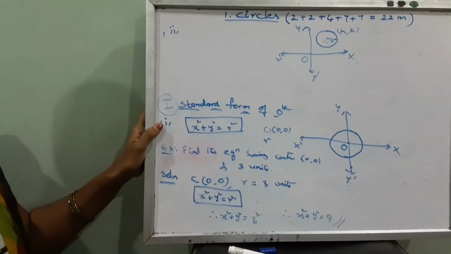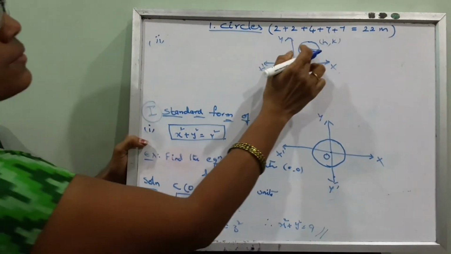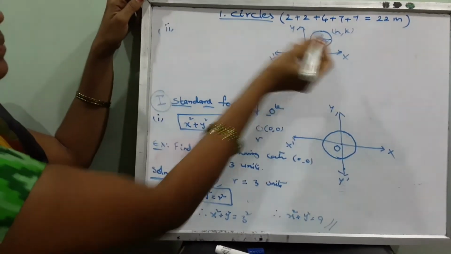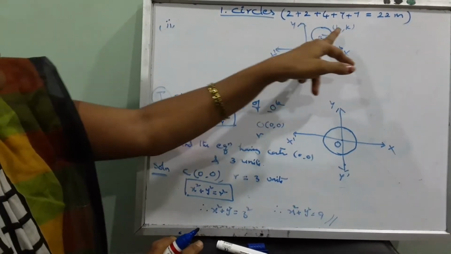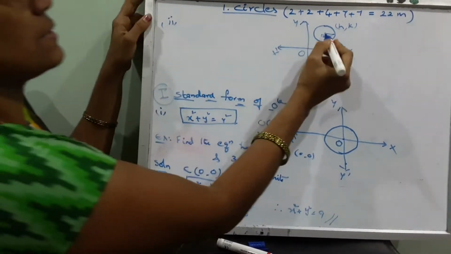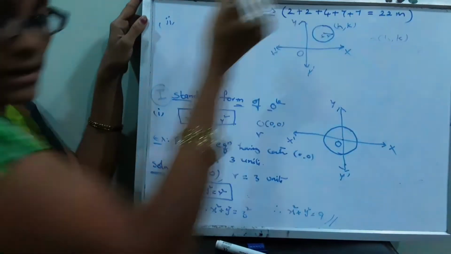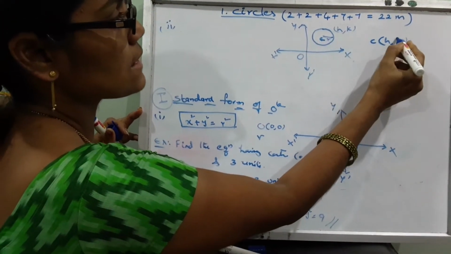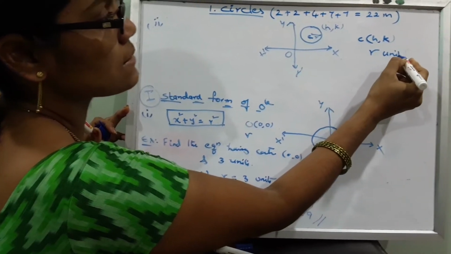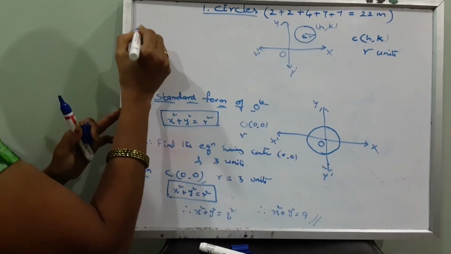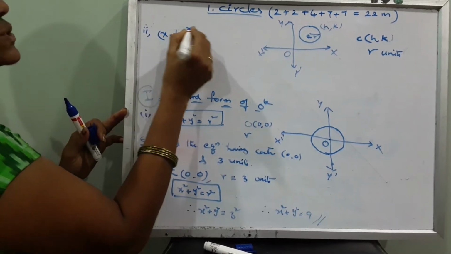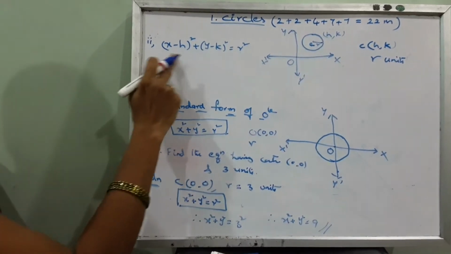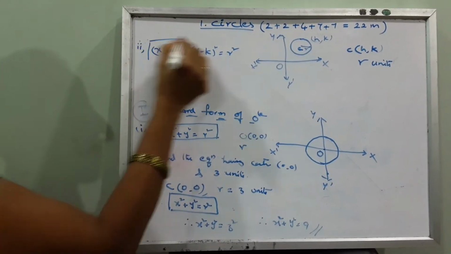Here the formula is: the equation of the circle having center C as h comma k and radius r units is x minus h whole square plus y minus k whole square is equal to r square.